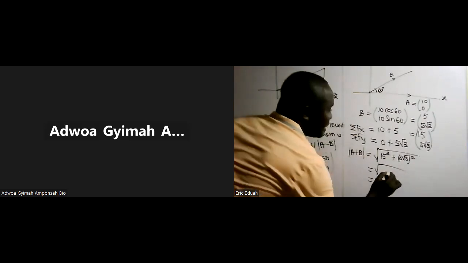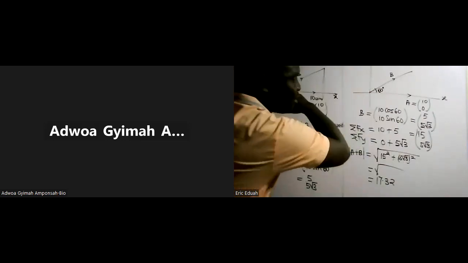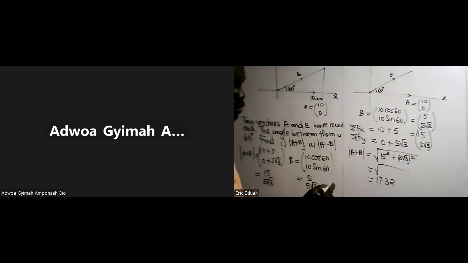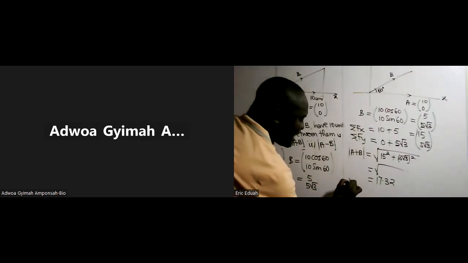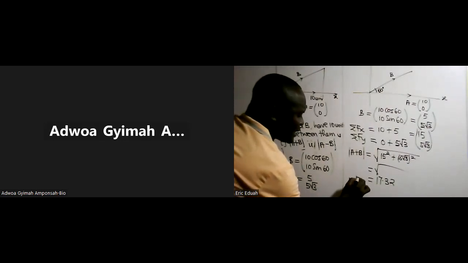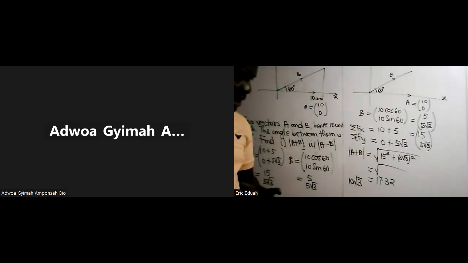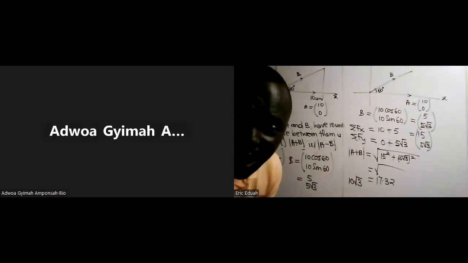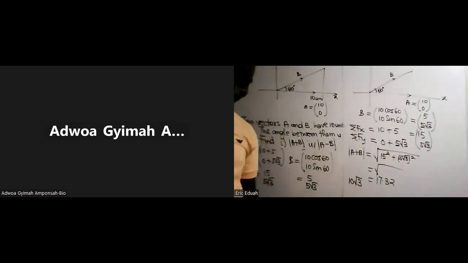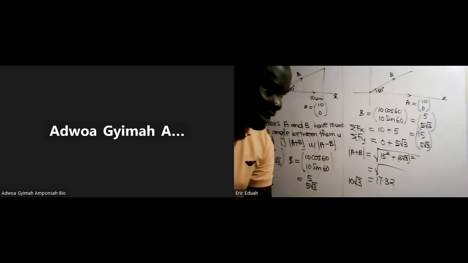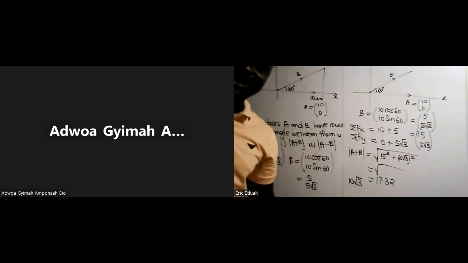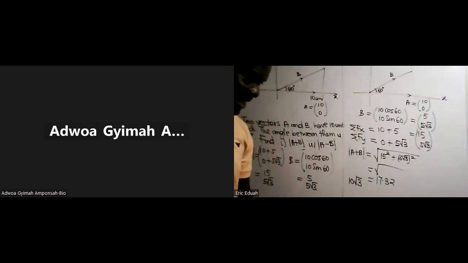Now, when we solved it using the parallelogram of vectors, we had 10 root 3. What is 10 root 3? 17.32. The same results, right? Yes. So whichever way you look at it, you get to the same beautiful destination.